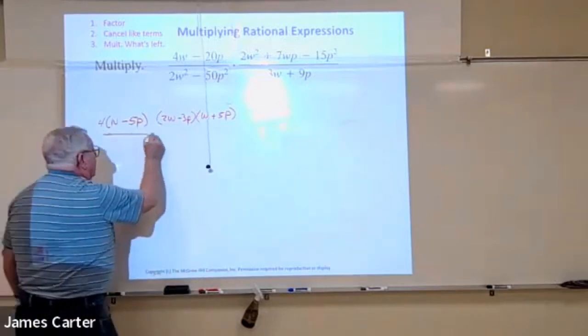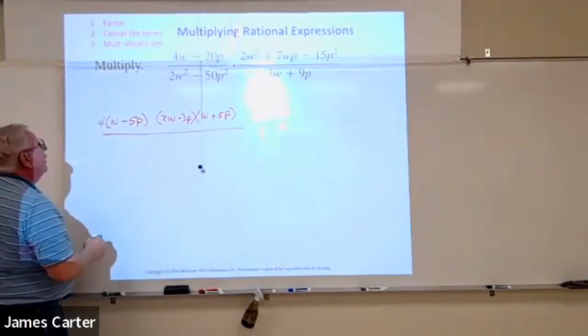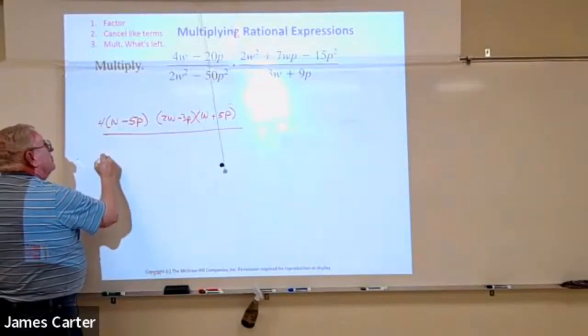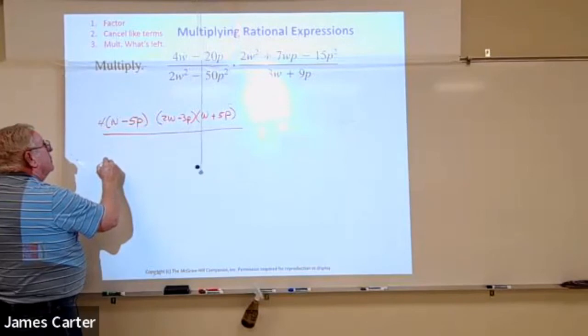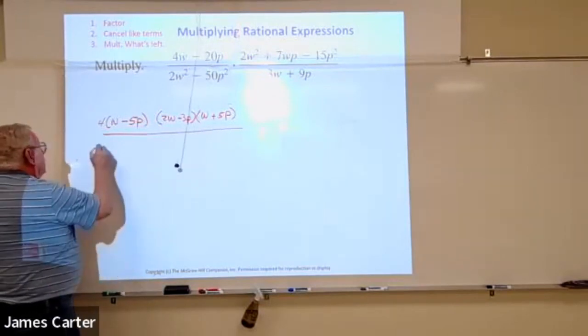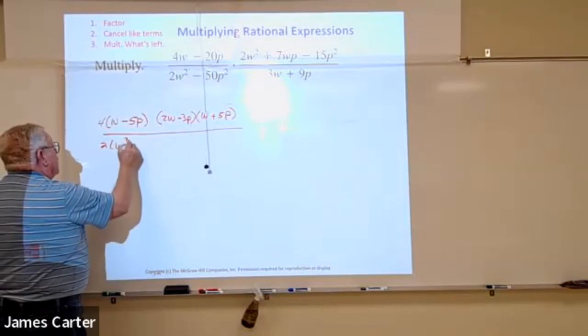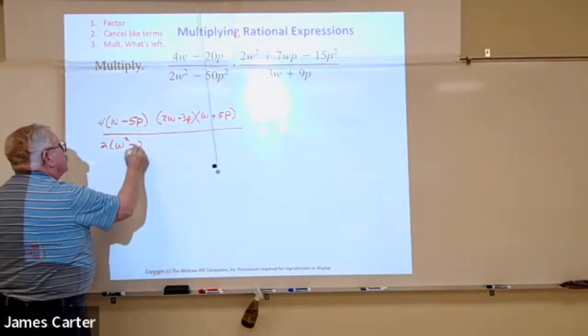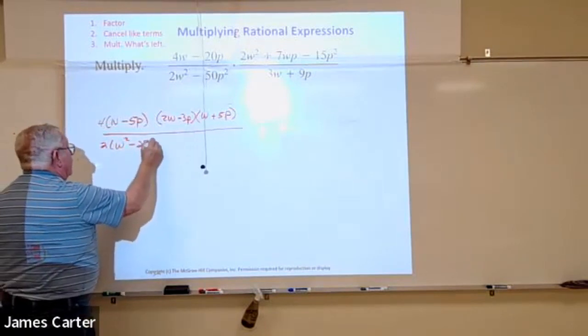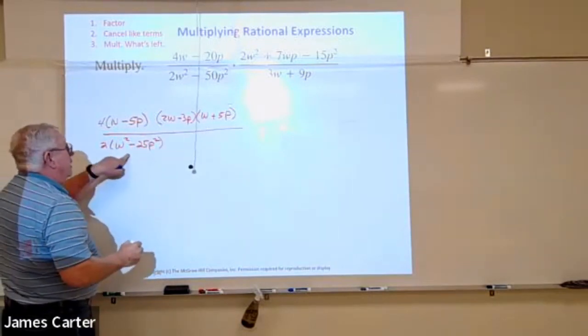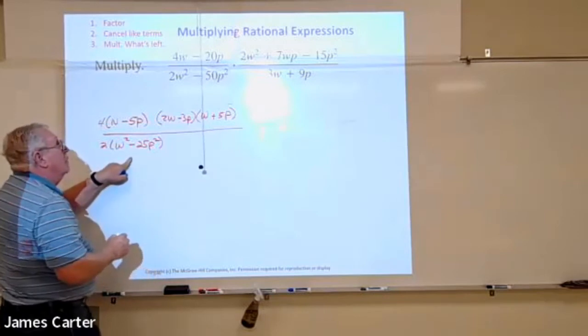Now the denominator. I'm going to take a 2 out of this, and I get W squared minus 25P squared, which is a conjugate. So that can be broken down more.